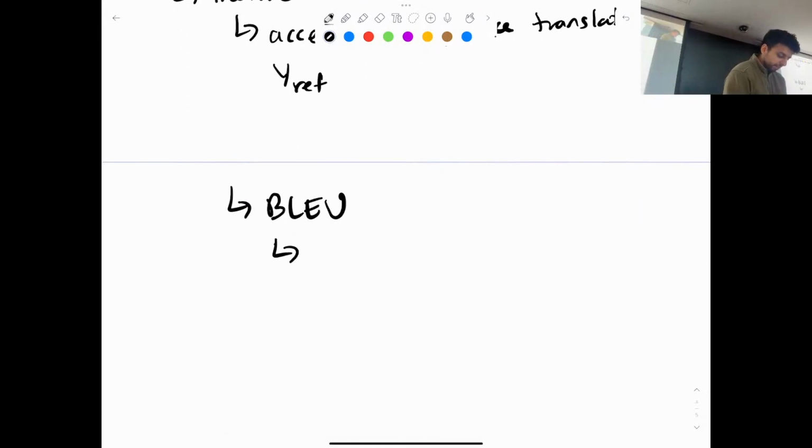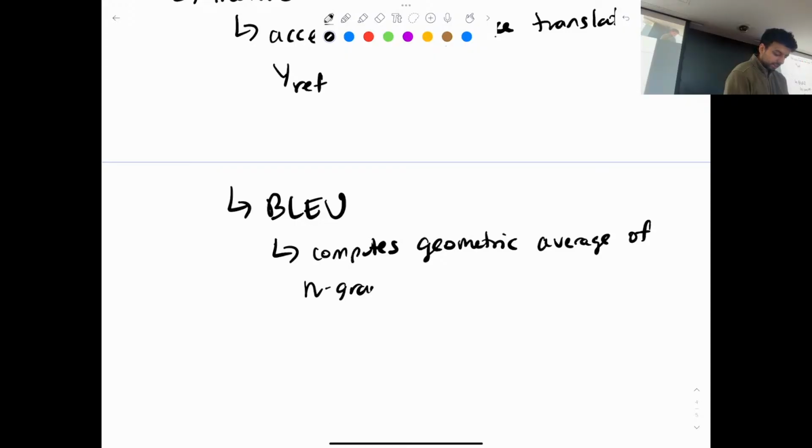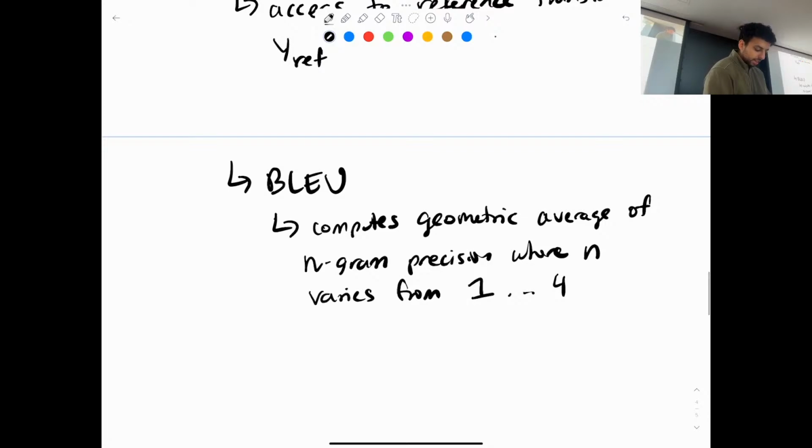At a high level, BLEU computes the geometric average of a quantity called n-gram precision, where n varies from 1, which is a unigram, to 4. And this n-gram precision is just a simple normalized count.